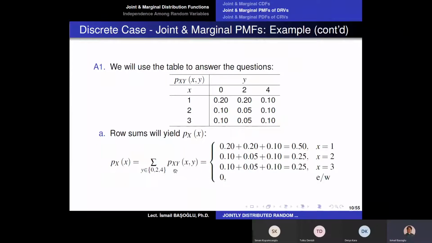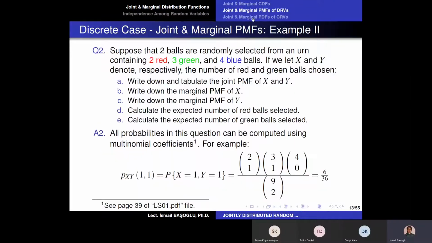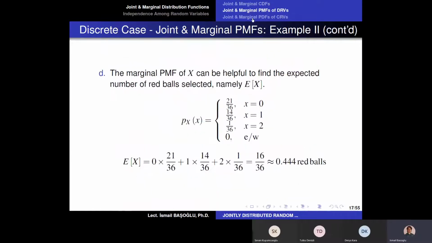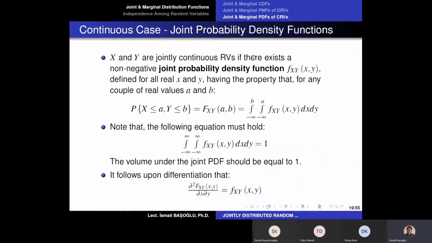However, for continuous random variables, the problem is not going to be that practical. Now, imagine, when we were modeling a continuous random variable, if you remember, we were using a probability density function, right?